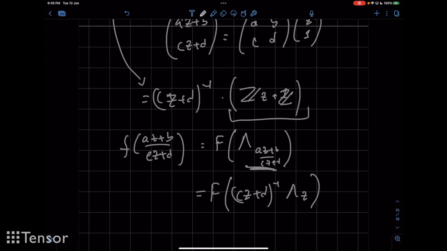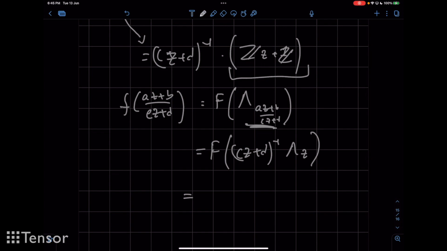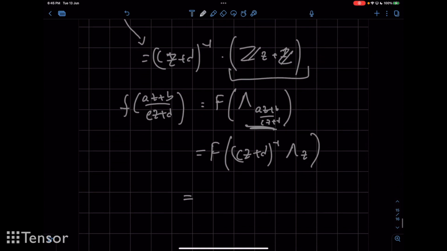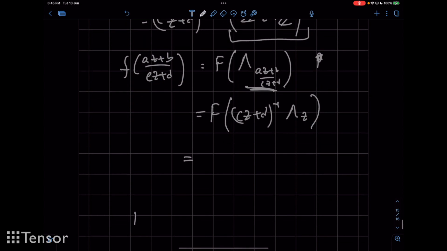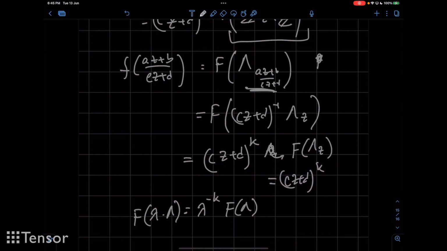Now, if we use the homogeneity condition, what do we get? What was the homogeneity condition? The homogeneity condition was that f of small lambda times capital lambda is equal to lambda to the power minus k times f of capital lambda, right? So this turns out to be (cz plus d) to the power k times f of lambda z, and this is equal to (cz plus d) to the power k times f of z.